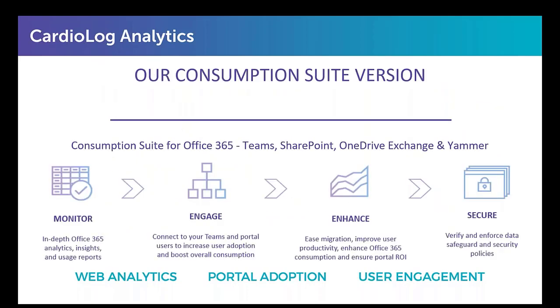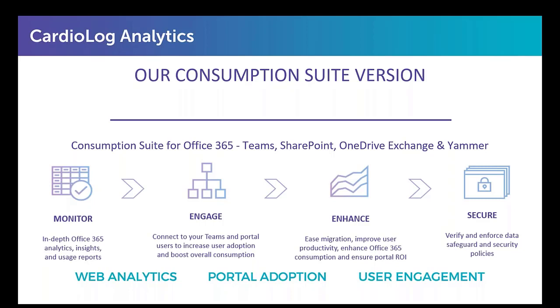Our goal is to help our customers constantly improve Office 365 based on how it's being used. So in regards to that, there are 4 pillars that we talk to customers about. The first one is monitor, which is tracking the usage within SharePoint and Teams and OneDrive and Exchange. And the second pillar is engaging users, asking them what their needs are, what their pain points are, and what's not working for them.